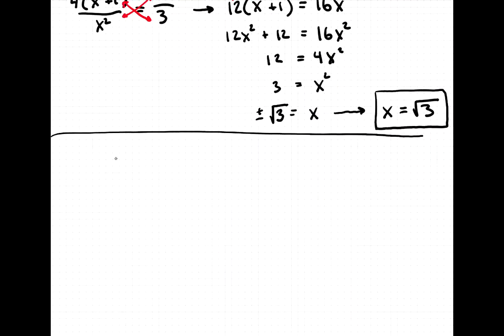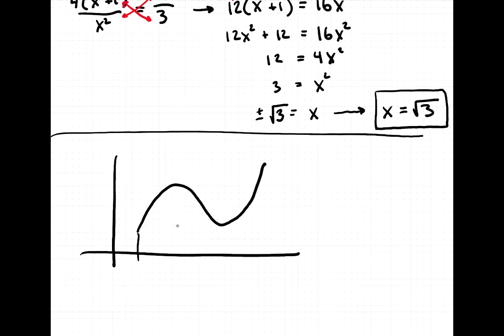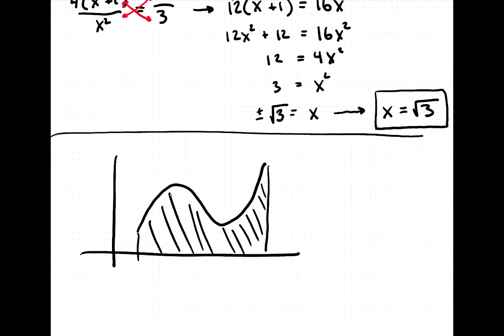Well, what if the graph looks something like this? And we're looking at the area under this graph. So this is the graph of some other function f of x. Well, then the rectangle that has the same area might look something like this. So now this green area has the same exact shaded area as the black. So that means there's an x value here whose y value is the height.